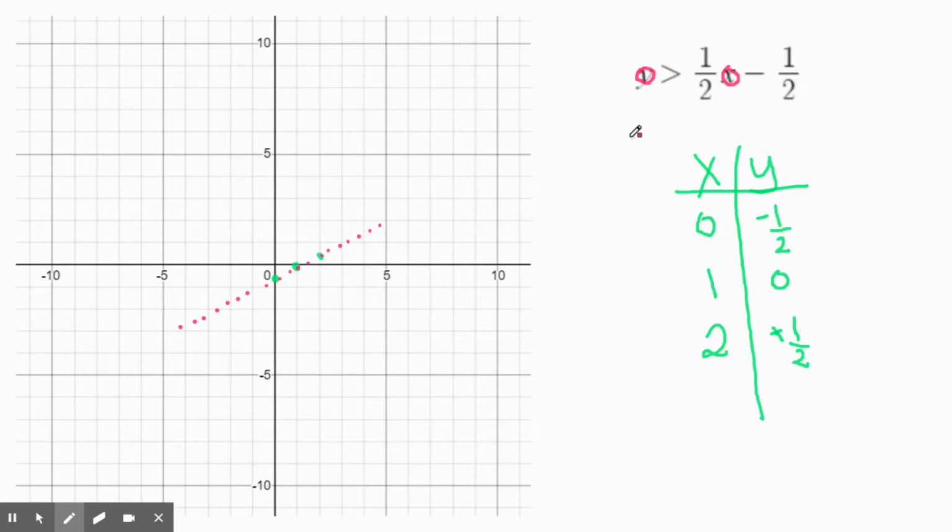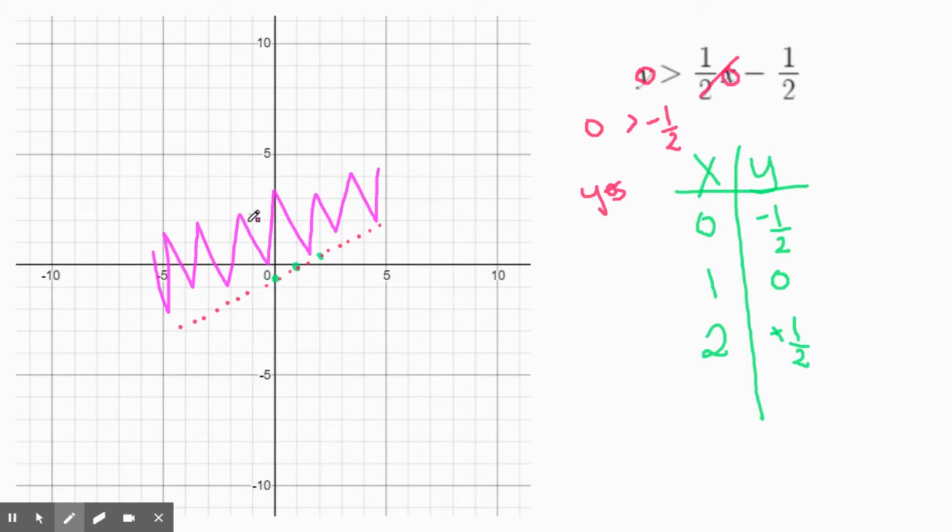So the question is, is 0 greater than 1/2? And the answer is yes. So we're going to be shading up here above it, the side that 0, 0 is on.